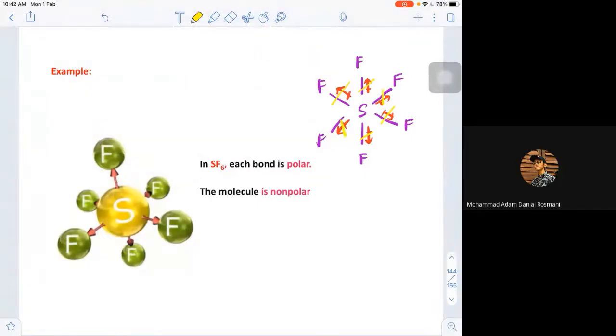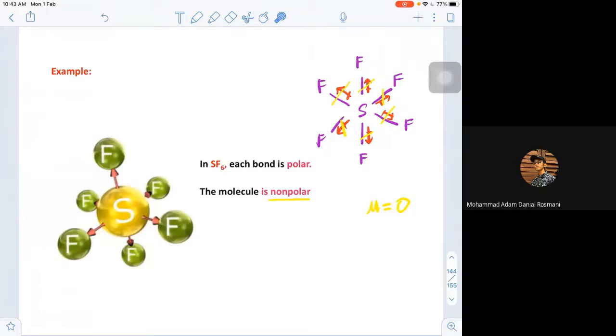It will make the resultant dipole moment equal to 0. When the mu is equal to 0, the molecule is non-polar due to the shape that is octahedral. The shape is octahedral, it will be non-polar if we confirm that all terminals are the same, fluorine.